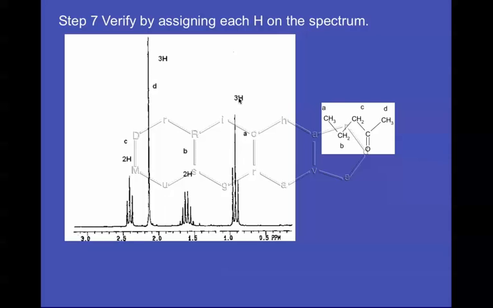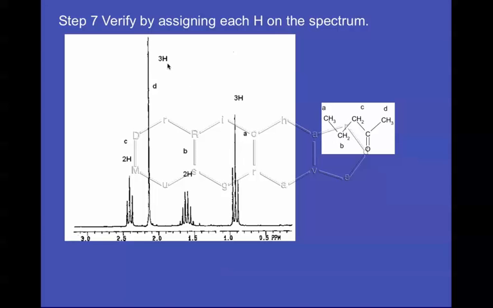I've got the CH3 here, and I see 3 peaks. The rule is this: if you see N peaks, then there are N-1 hydrogens on adjacent carbons. So we've got 3 peaks, which means there must be a CH2 next door, and that's it. So this must be A.